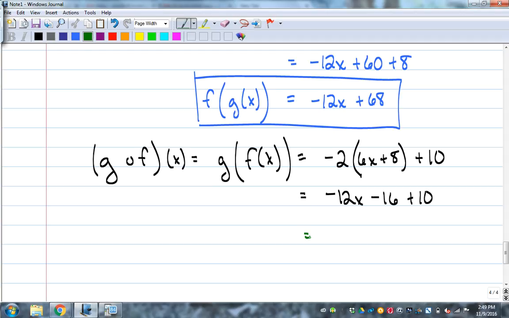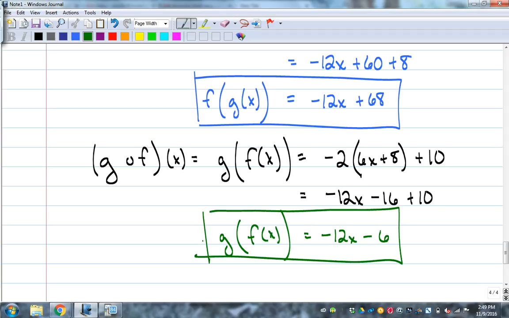Get a different answer, negative 12x minus 6. That's the g of f of x. All right. Got it.